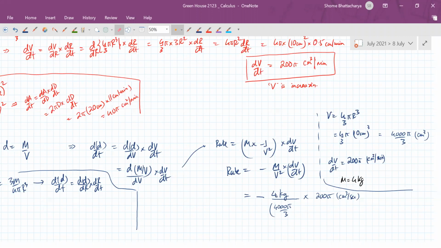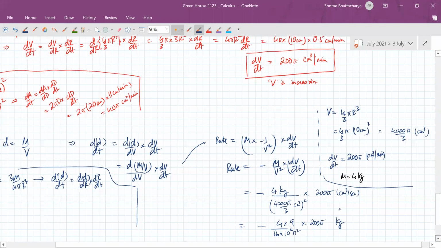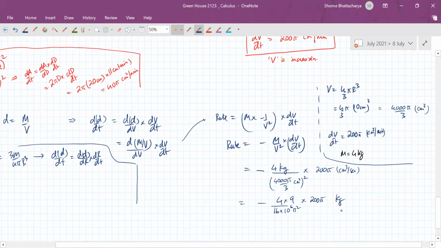So it's in centimeter cube and the whole thing is squared. Okay. So we will have -4 by 16 into 10 raised power 6 pi square. This 9 will come in the numerator, and then into 200 pi. And now what will the unit become? It will become kilogram per centimeter cube second, because it's centimeter to the power 6.